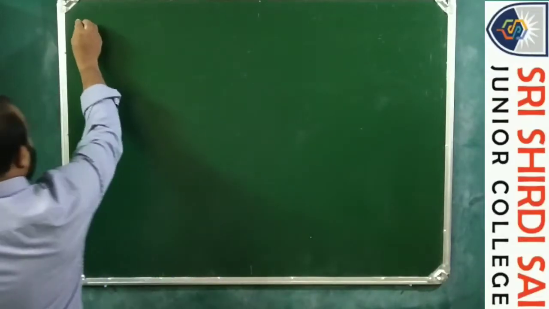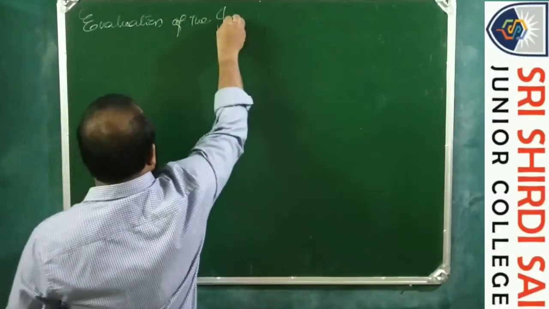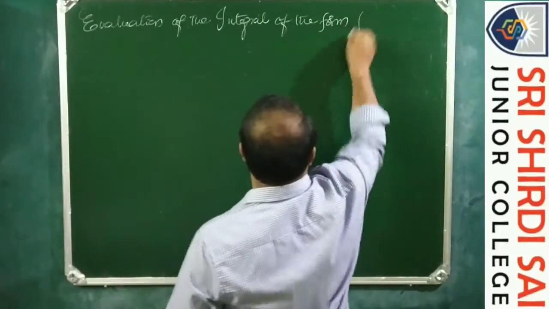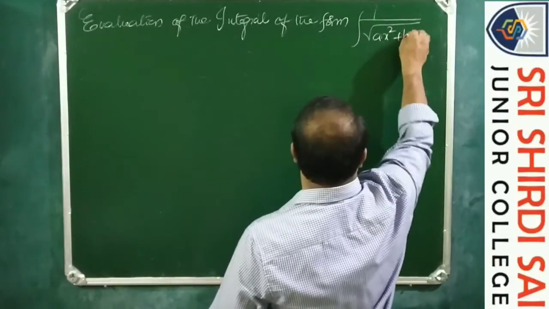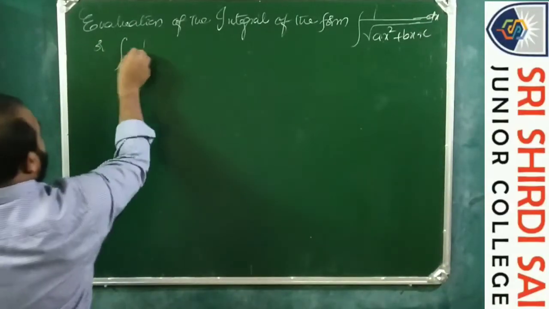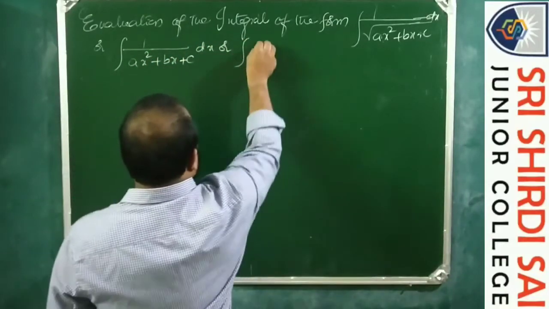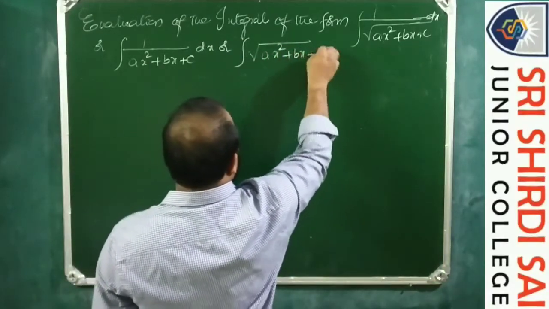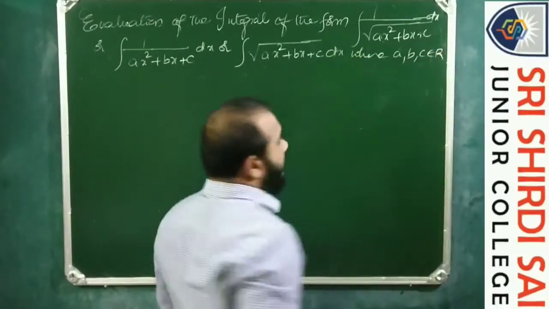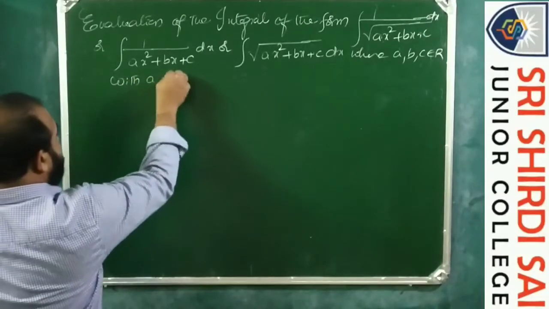So the next one is evaluation of the integral of the form 1 by square root of ax square plus bx plus c dx, or 1 by ax square plus bx plus c dx, or square root of ax square plus bx plus c dx, where a, b, c belong to the real numbers with a not equal to 0.